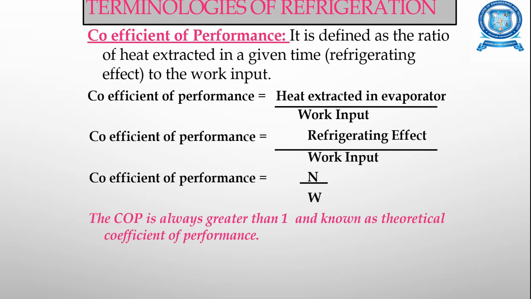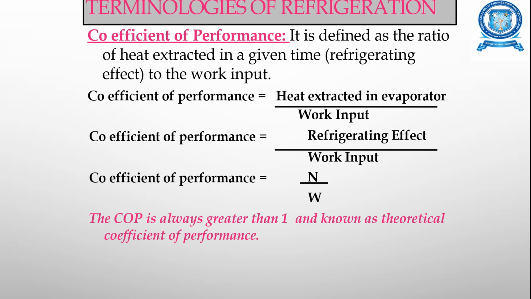And next is the coefficient of performance. So what is the coefficient of performance? The coefficient of performance is defined as the ratio of heat extracted at a particular time, that is the refrigerating effect, to the work input.